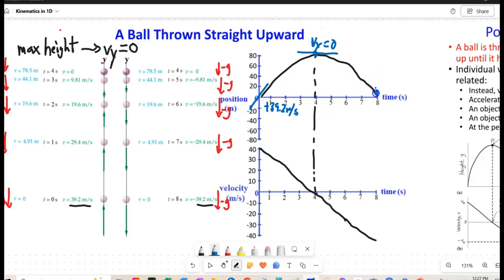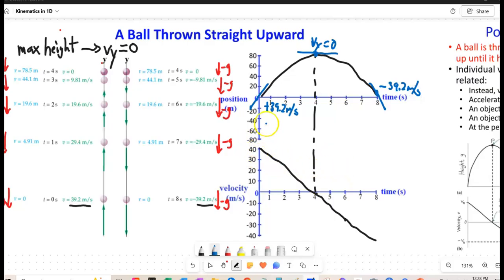And then when it's coming back down, it's going to be coming back down with the same speed. Terrible at drawing, but in a different direction, so downwards, the same speed.